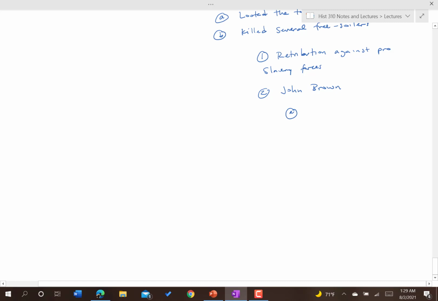He gathered followers to attack, and they went in at night. But it wasn't just an arrest. There was no arrest plan, and while they were sleeping, they murdered 5 pro-slavery settlers.